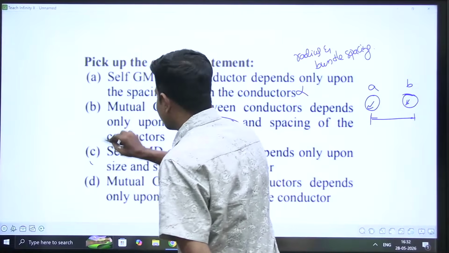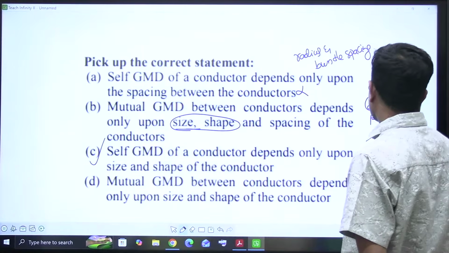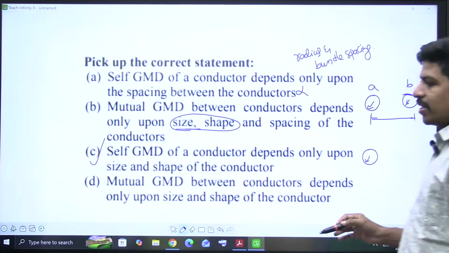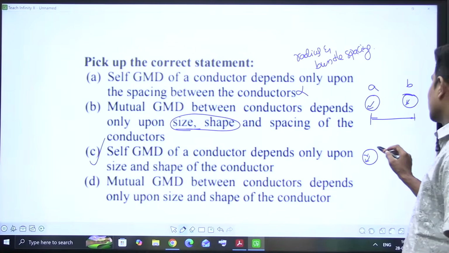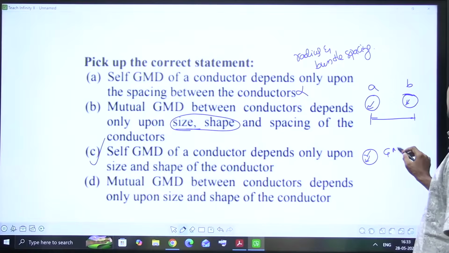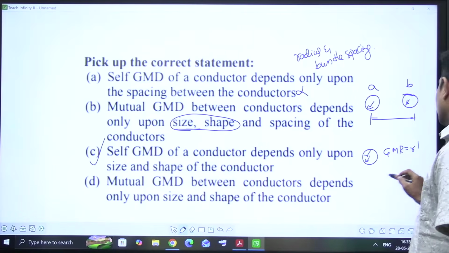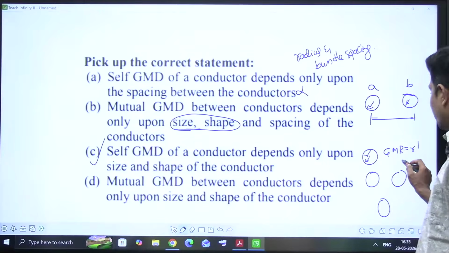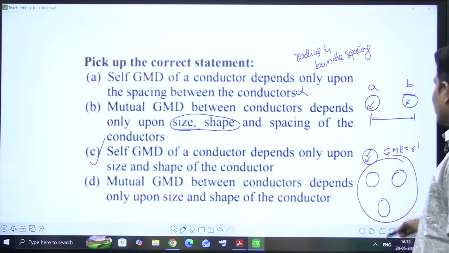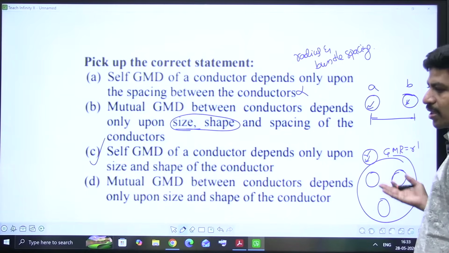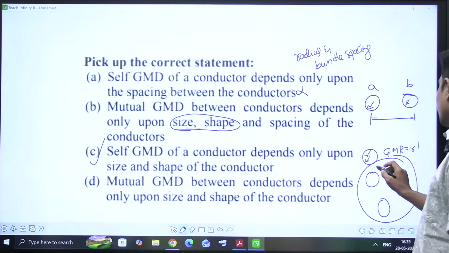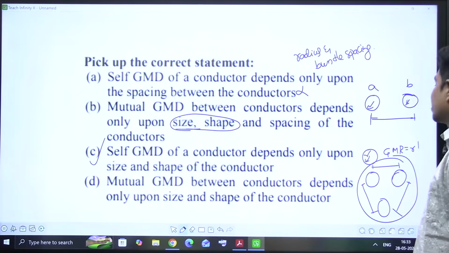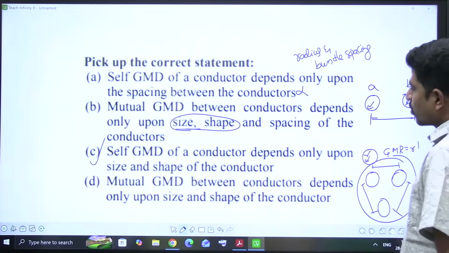The reason is, what is the difference between GMR and self GMD? If you take a conductor, only one conductor is there. It's not a bundle conductor. R is the radius, GMR is R dash. If you take a group of conductors, suppose three conductors are arranged in the triangular form. That is a shape. Center to center, center to center, center to center. That is a shape. Right, option C is perfectly correct.